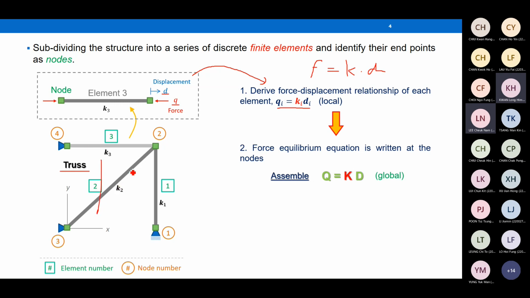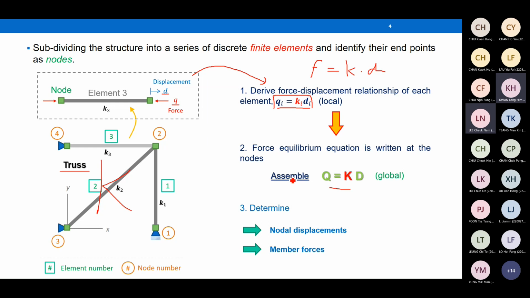Capital K is the structure stiffness matrix for the whole structure. I will let you know how to set up the matrix and how to solve it later. But you can see that firstly, we derive the individual equations and then put them together, becoming a big matrix equation. Solve it, then you can get all the responses, displacements and member forces.